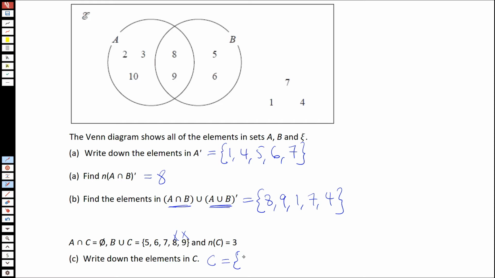And since C has 3 elements, and when you combine B and C, you get these 3 elements, then it means these 3 elements should be in C. Remember, here you've just combined the elements in the two sets. So which means the elements in C will be 5, 6, and 7.